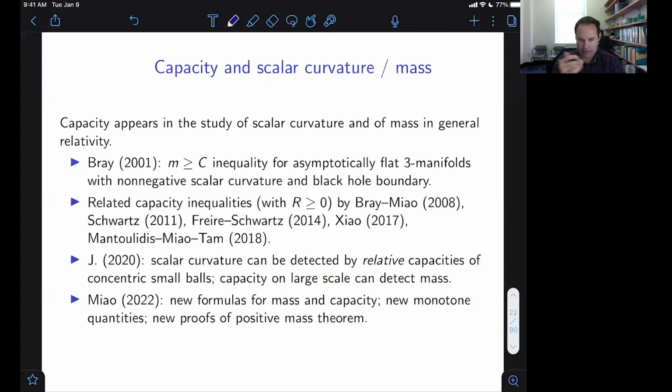And then I'm also excited to mention this result of Pengzi that he'll be talking about in just an hour or so: new formulas for mass and capacity in an asymptotically flat manifold, new monotone quantities, and new proofs of the positive mass theorem.